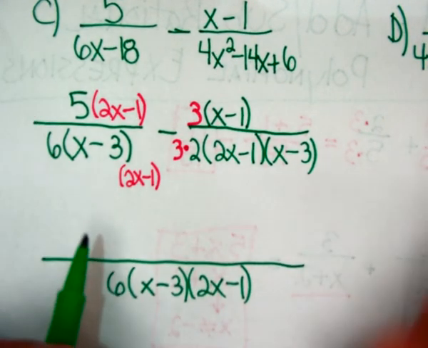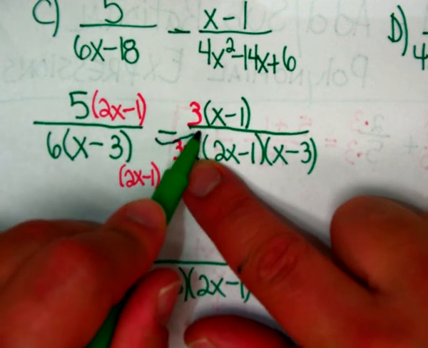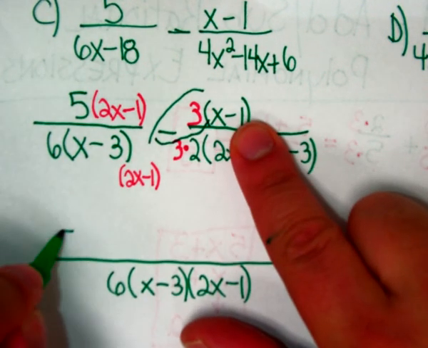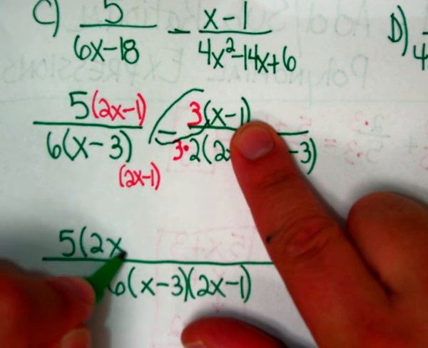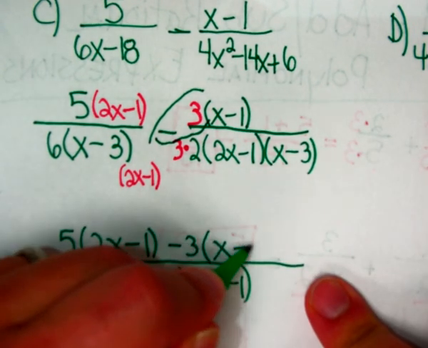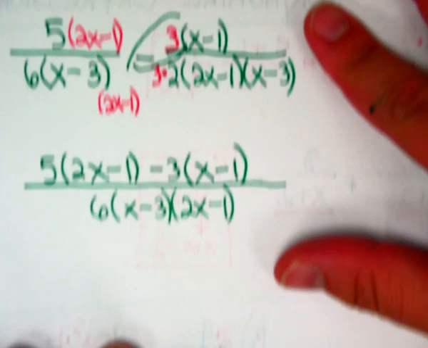And the numerator, let's go ahead and multiply this out. Now, notice we have a minus sign here. That means that we're going to be distributing a negative 3 to the right side there. So write it out. We got 5 times the quantity 2x minus 1 minus 3 times the quantity x minus 1. From there, let's continue to simplify.